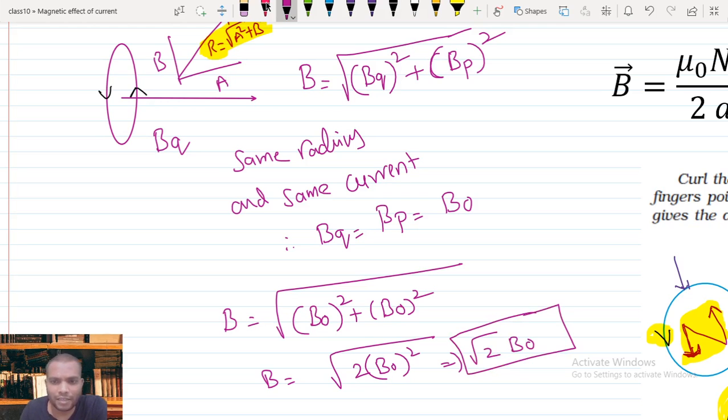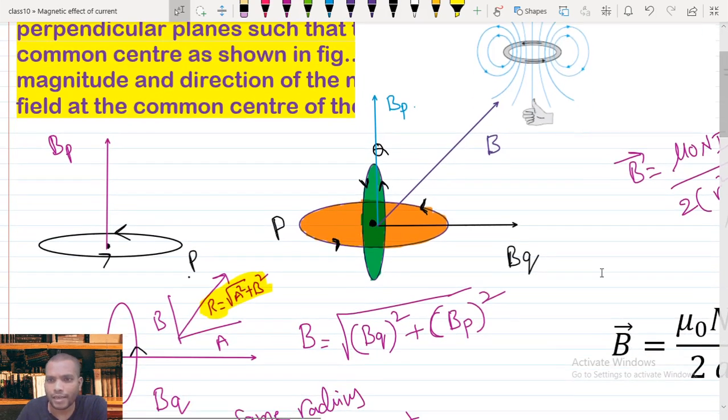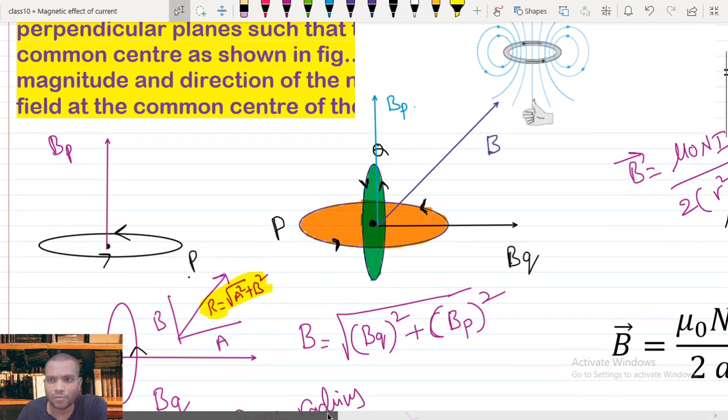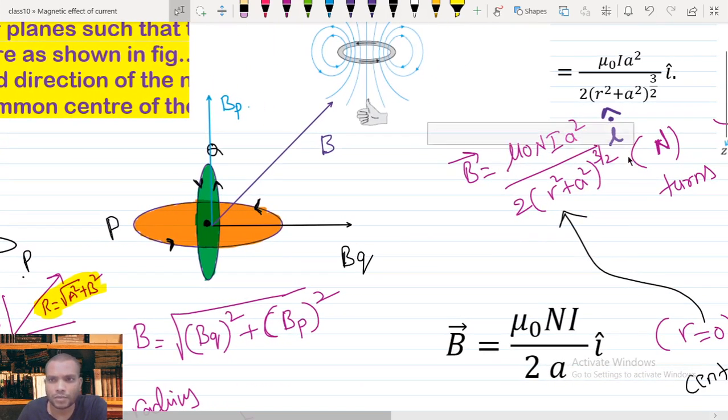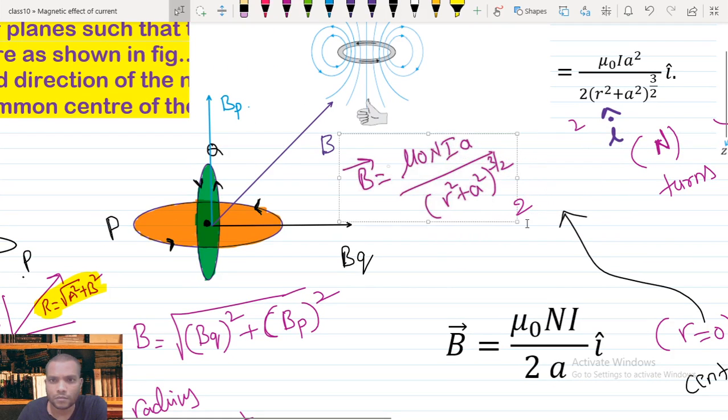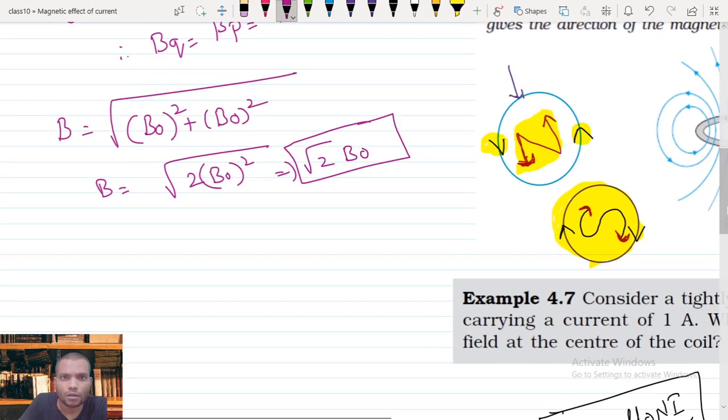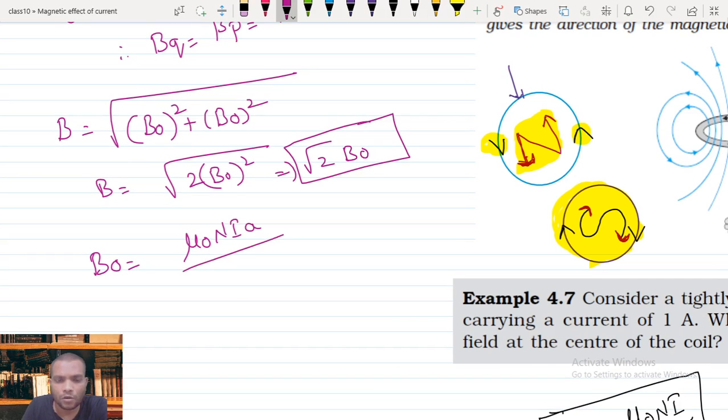Here we need to write the value of B naught. We already have the magnitude of the magnetic field at a point on the axis: B naught equals mu naught n I times a square upon 2 times (a square plus x square) whole power 3 by 2.